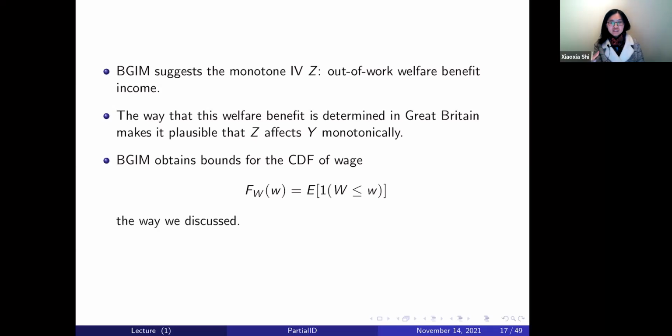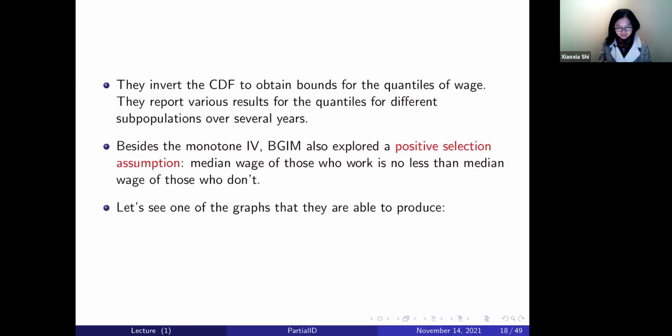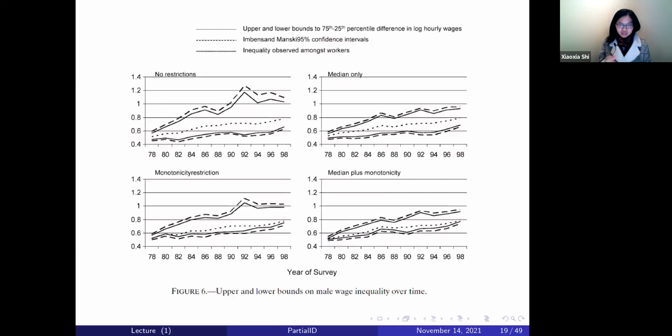And once they get the bounds for the quantile, they can compute, say, the interquartile range, which is a measure of inequality. Okay. So they use these methods on the British data, and this is one of the graphs that they produced using these methods. As you can see, this data is for wage inequality, which is basically the interquartile range of log hourly wage.